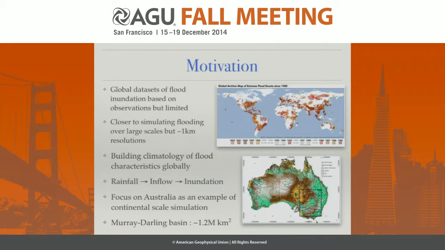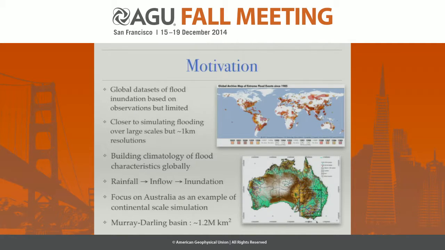And as we saw in Paul's talk before, we're at a point where we can simulate flooding over very large areas at fine enough resolutions, on the order of a kilometer, that will allow us to resolve specific flood events.